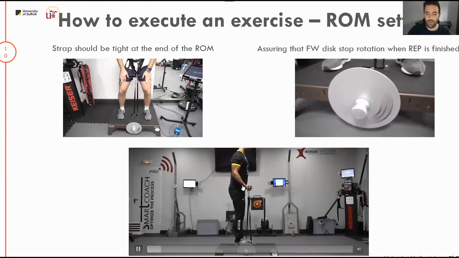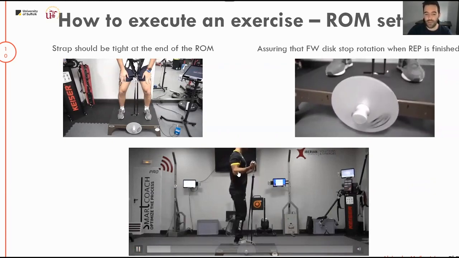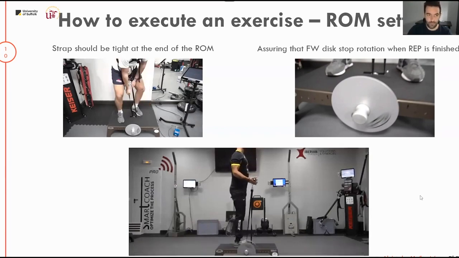For example, if you don't want such high elbow flexion, you can decrease the height of the strap, so the movement can be stopped at the middle of the concentric phase, for example. Immediately after the end of the concentric phase or the end of the ROM, the eccentric phase will start.